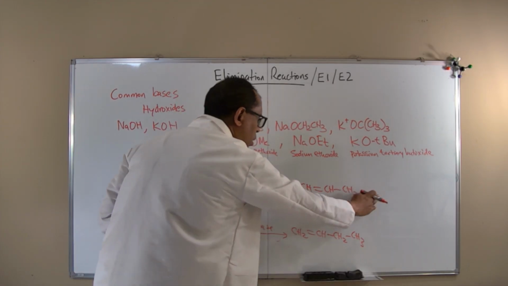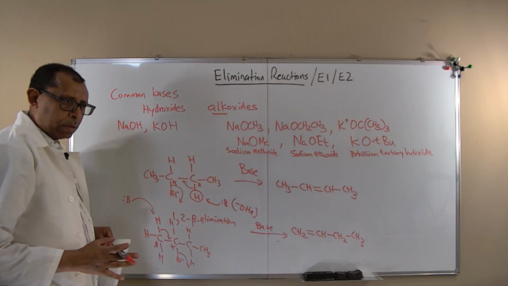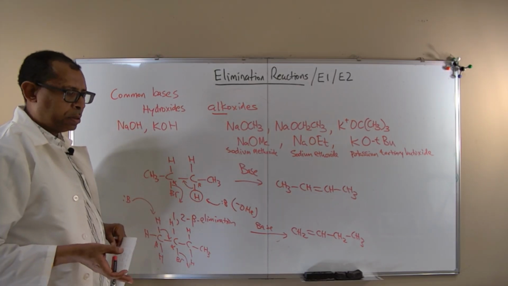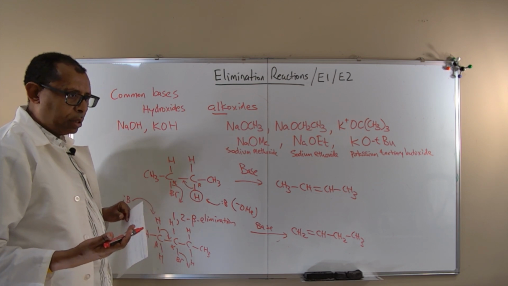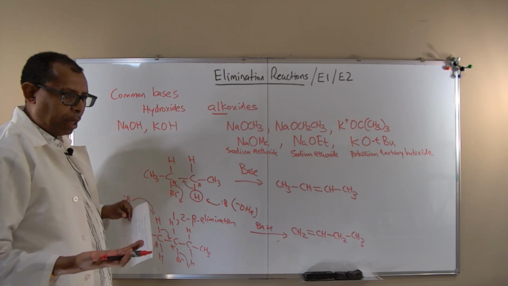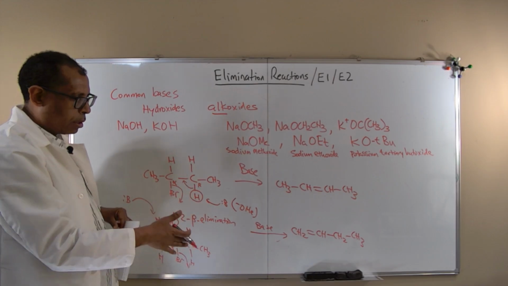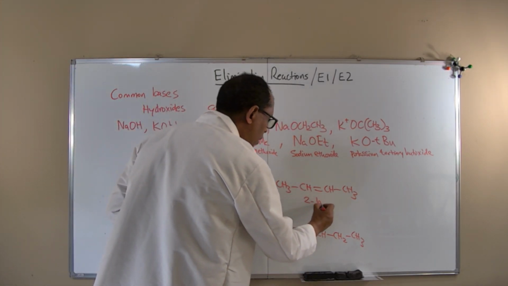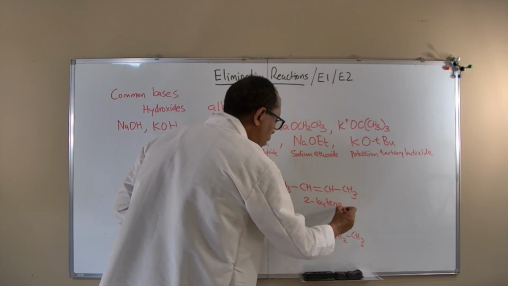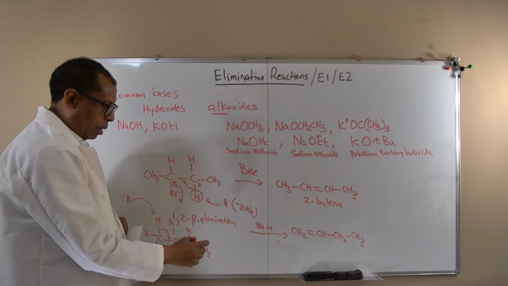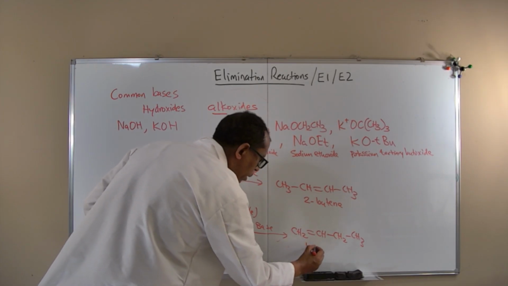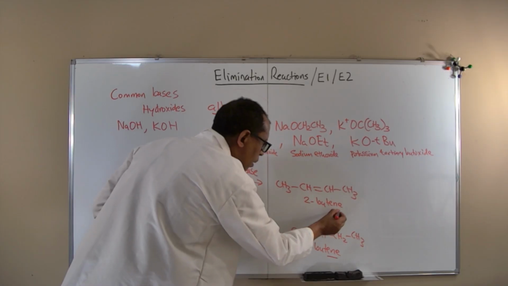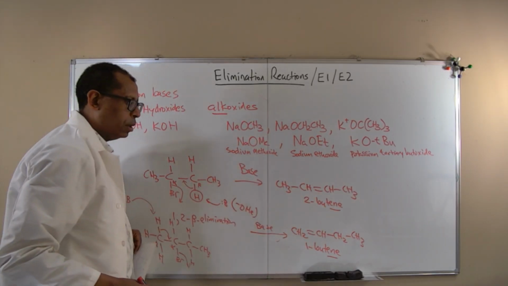So you get two products. They are different. They are not the same. Actually, they are constitutional isomers because the way they are bonded is not the same, even though they have the same number of carbons. So they are constitutional isomers because this is a 2-butene and this one is a 1-butene because the double bond is at one position. Here the double bond is at carbon number 2.